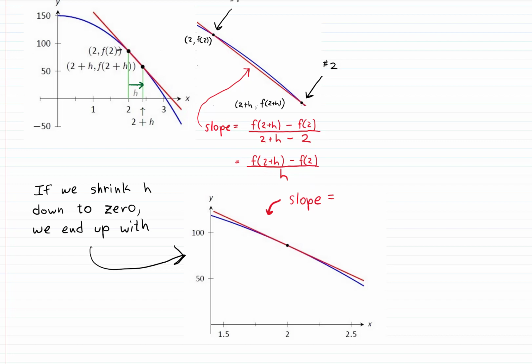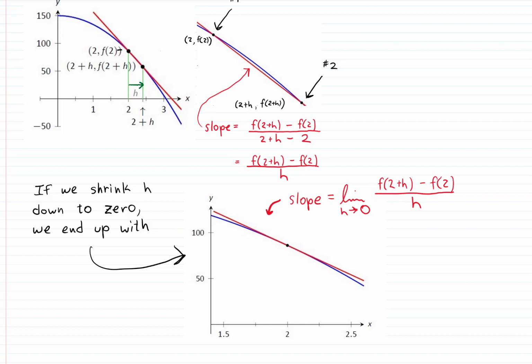So the slope of that tangent line is the limit of f of 2 plus h minus f of 2 over h as h goes to 0. And there you go.